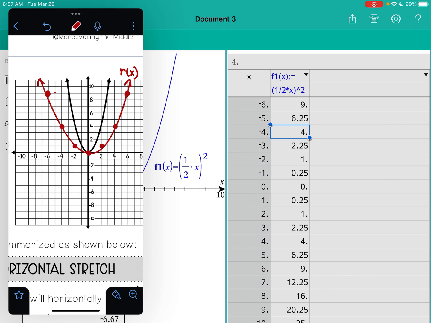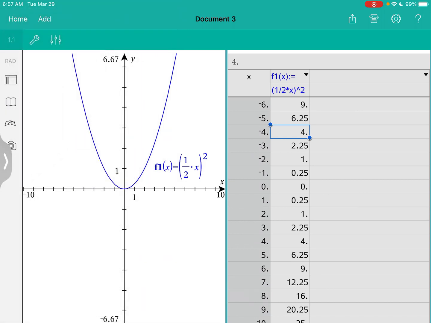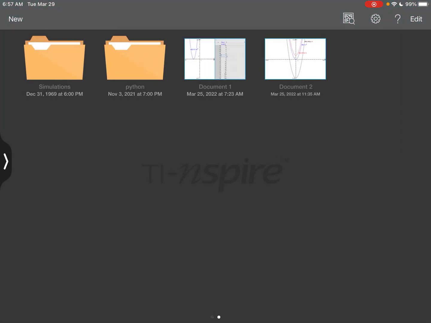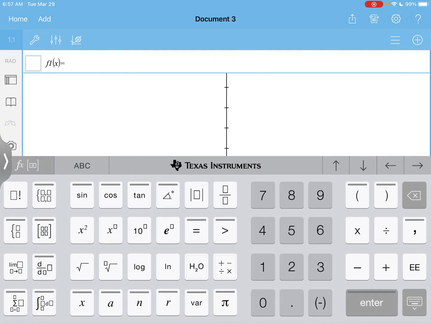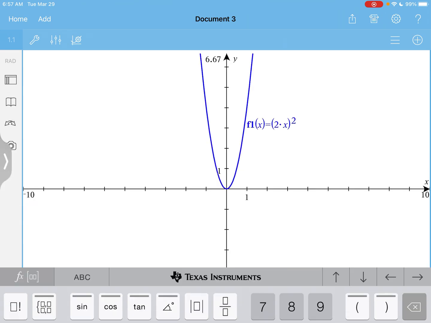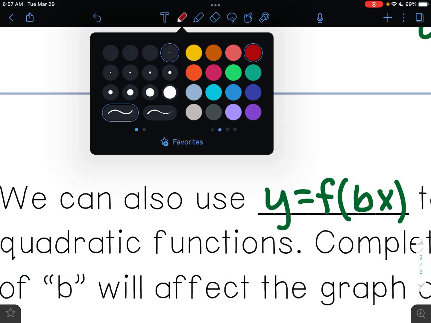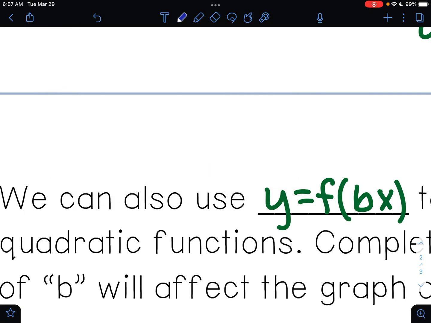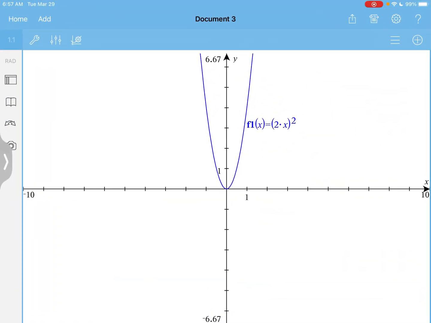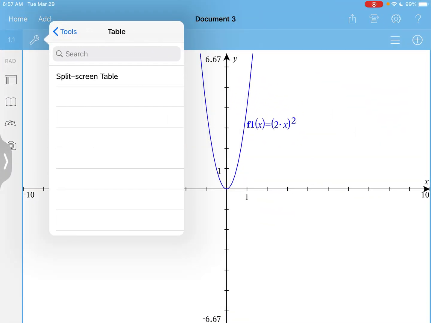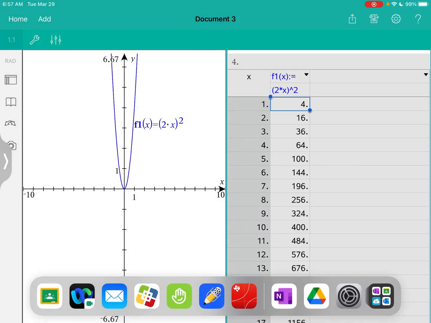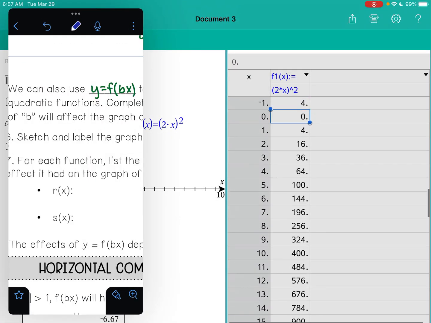And now we need to graph s of x, which is 2x squared in parentheses. So I'm going to get rid of my notes. We're going to get a new document. We're going to type parentheses 2x, close parentheses, squared, enter. Okay, I'm going to go ahead and change my color on my pen. Then we're going to press Control T to get our table and put our notes back on top.